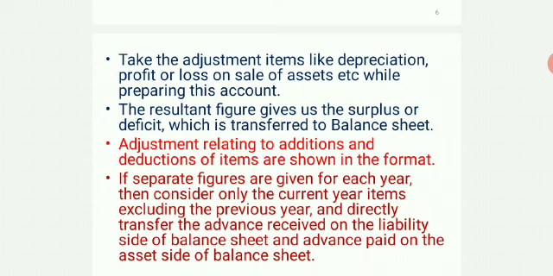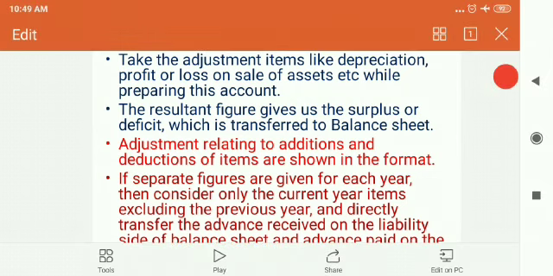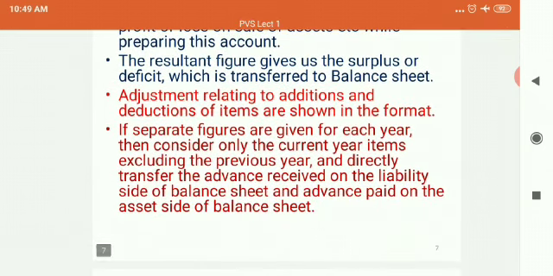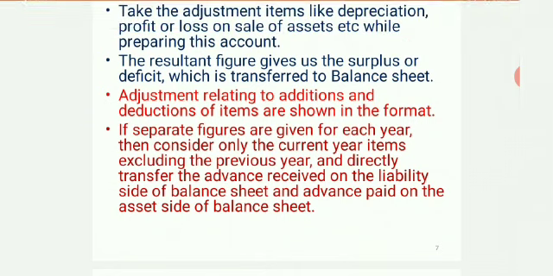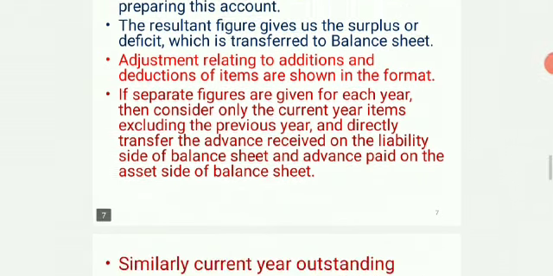Adjustments relating to additions and deductions of items are shown in the format. If separate figures are given for each year, then consider only the current year items, excluding the previous year, and directly transfer the advance received to the liabilities side of the balance sheet and advance paid to the asset side of the balance sheet.